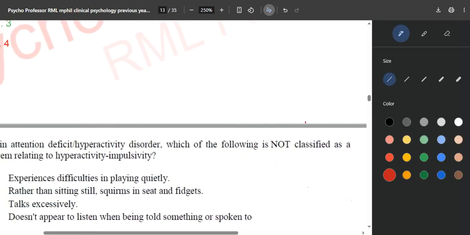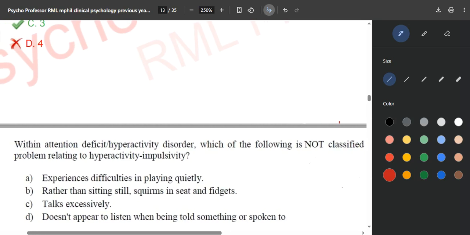Now, deficit hyperactivity. What will hyperactivity mean? Activity is on the high side. In all these options, you have to find out where activity is highly going on. Experiences difficulties in playing quietly: that child is doing hyperactivity. Rather than sitting still, squirms in seat and fidgets: hyperactivity.